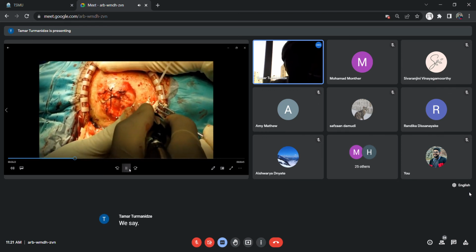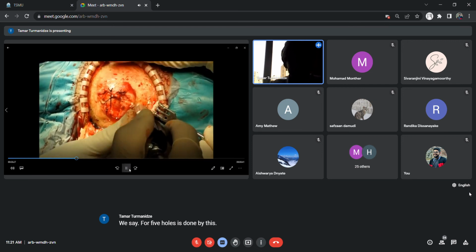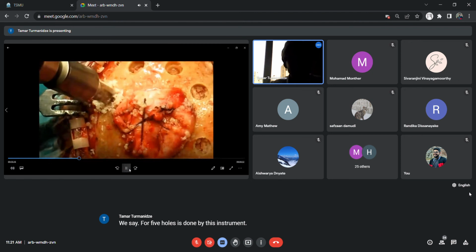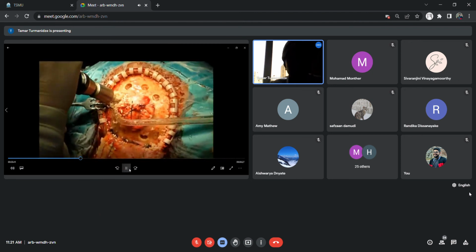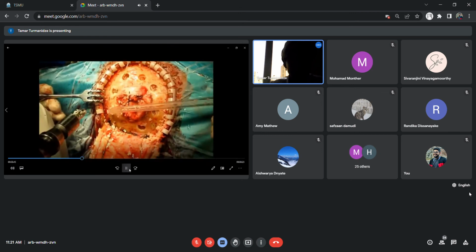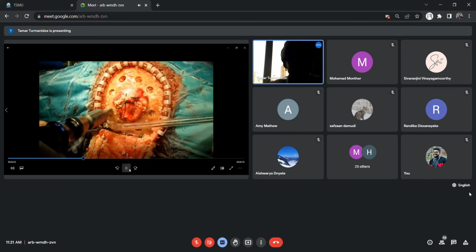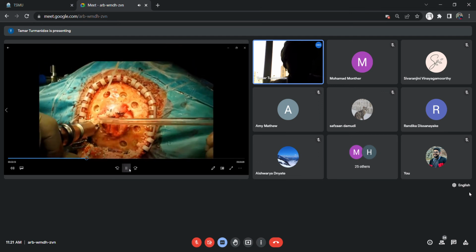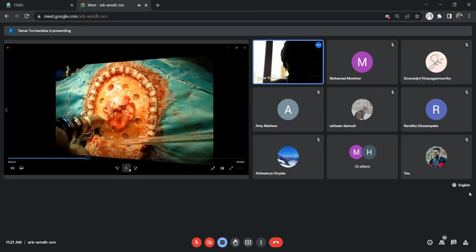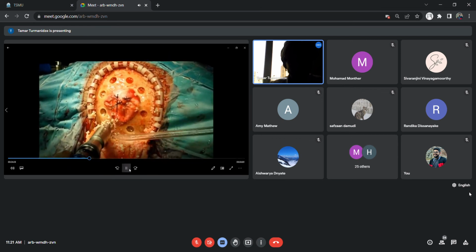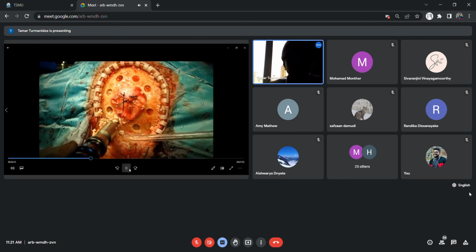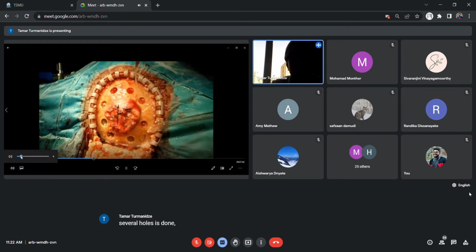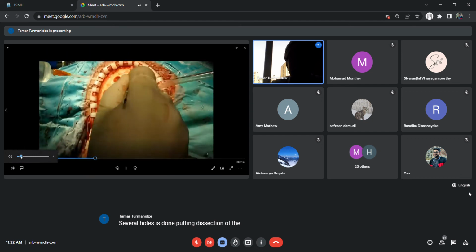We see that 5 holes are done by this instrument. Several holes are done during dissection of the bone.